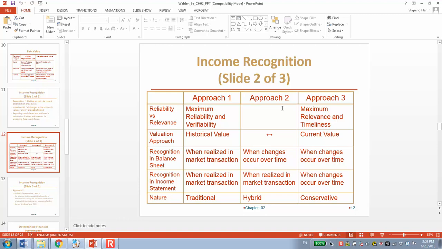Okay, the revenue, expense, and the bottom line net income are all realized. So any value change that occurred, we recognize as other comprehensive income, as one of the accounts in the stockholders' equity. So right now we apply both approach 1 and approach 3 and report them in different financial statements.